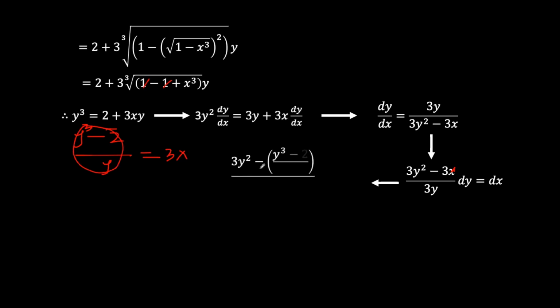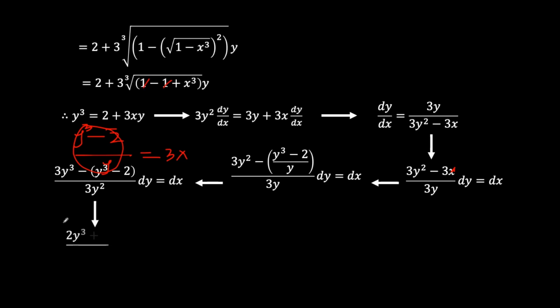So we get 3y squared minus (y cubed minus 2) over y, all over 3y. And so that means we have 3y cubed minus y cubed, in bracket y cubed minus 2, over 3y squared. And so that means that now we have (2y cubed plus 2) over 3y squared dy can be substituted for the dx in the integration.